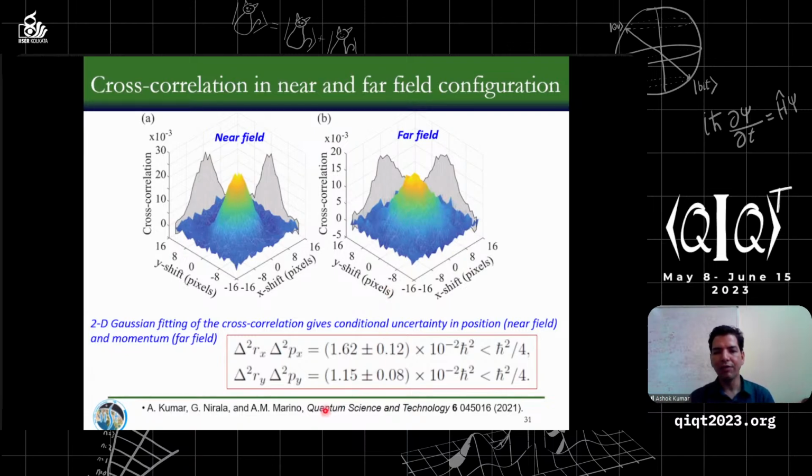And then we calculated the uncertainty product, and we got less than what is needed to violate the conditional uncertainty product. So we claim that we can show the EPR paradox in this kind of beam.